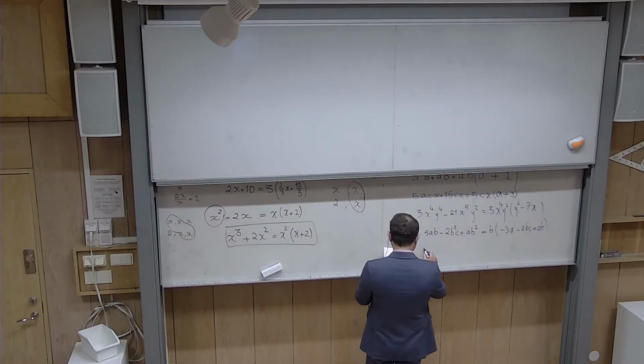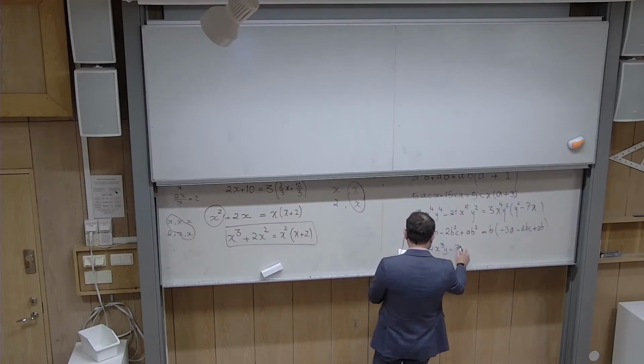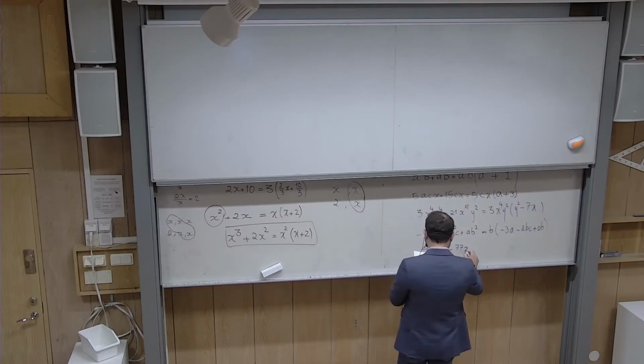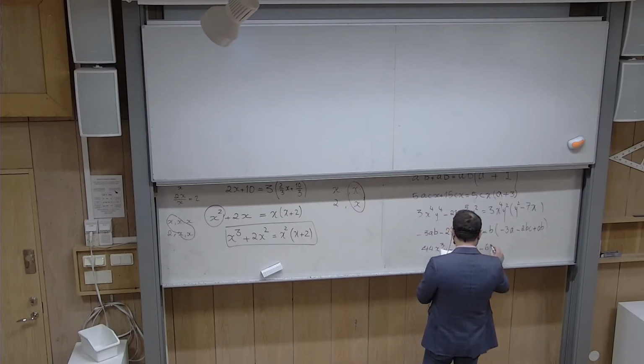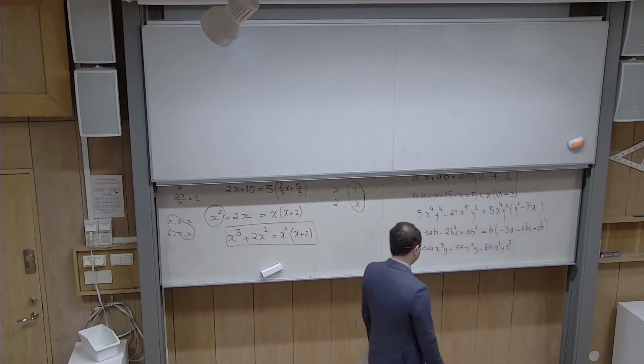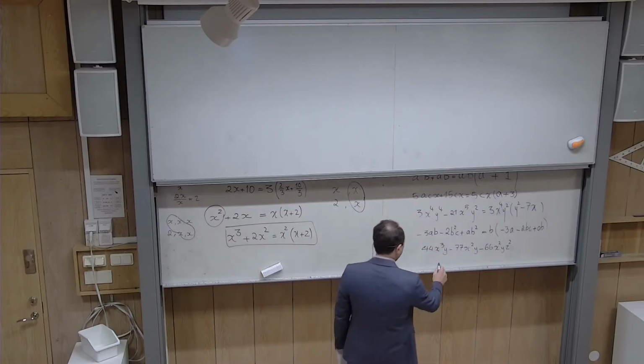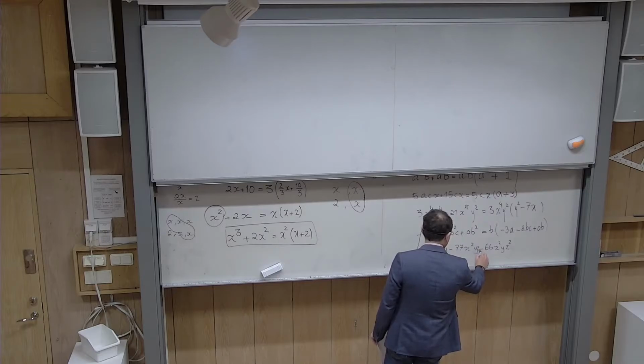So 44 x to the power of 3y minus 77 x to the power of 2y minus 66 x to the power of 2yz squared. So if you don't mind, let me put a z here as well.